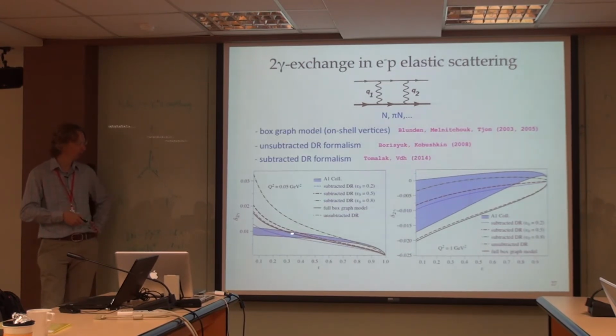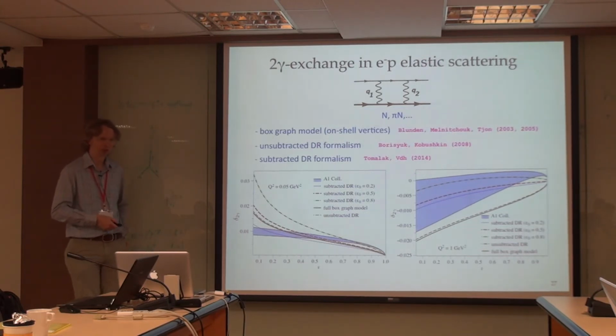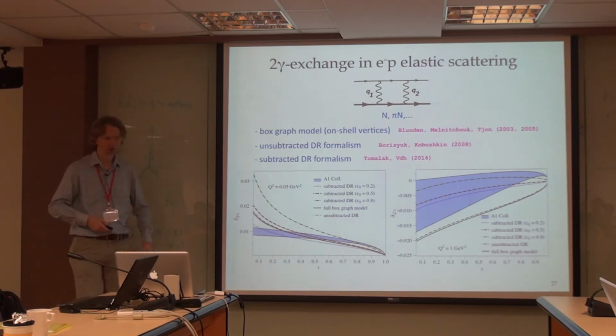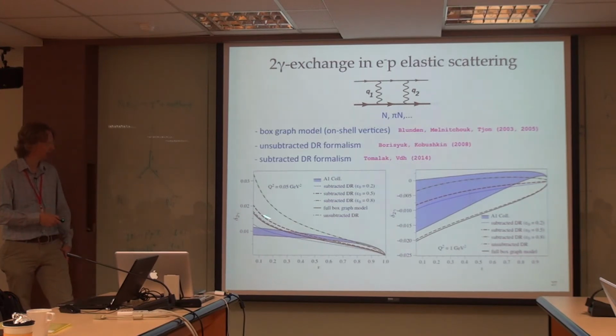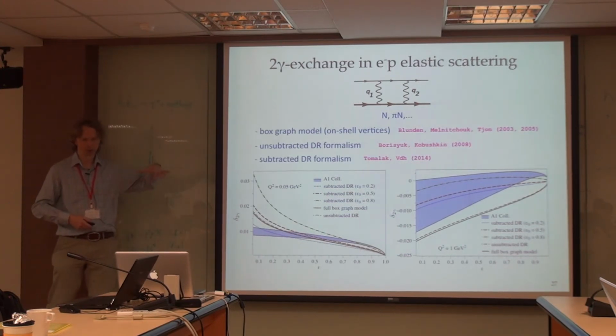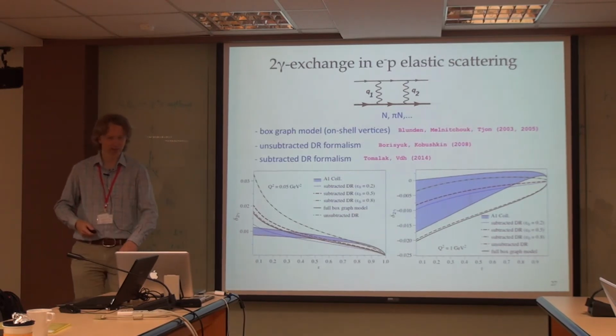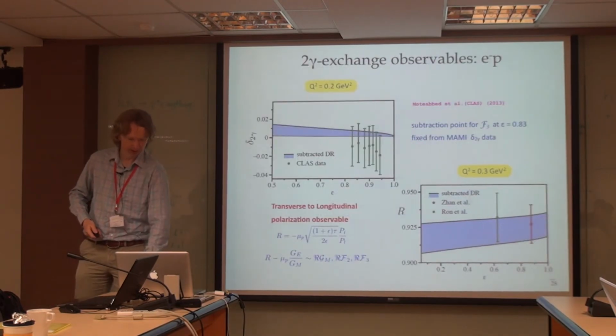But if you go to backward scattering, which you need to extract the magnetic radius, you will get much larger effects. And so basically what has to be done now from the experimental side is with this new framework to extract these two photon corrections, and then these blue bands will basically also here go up. This will be just constrained. And then one can do a more accurate extraction of these radii.